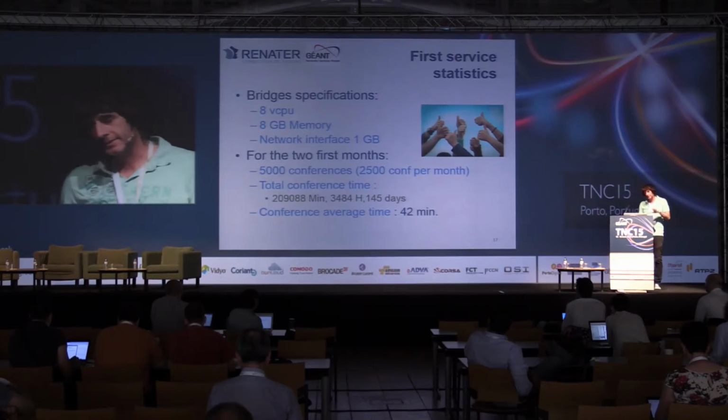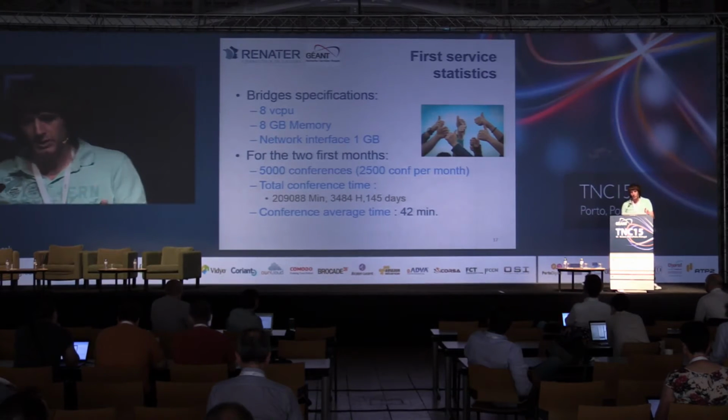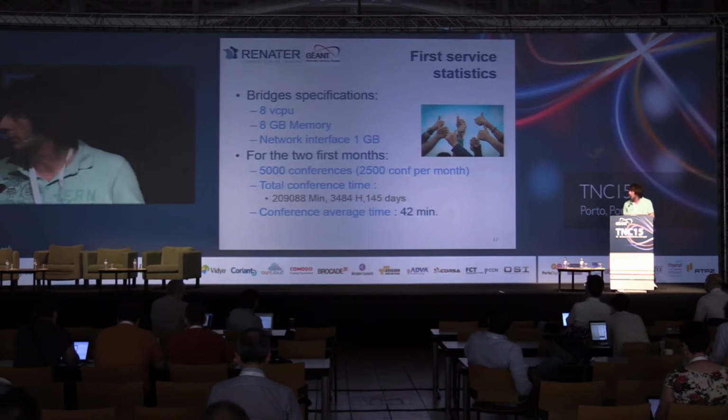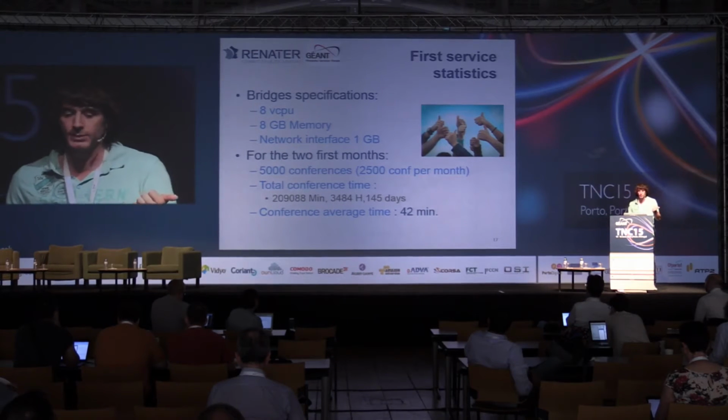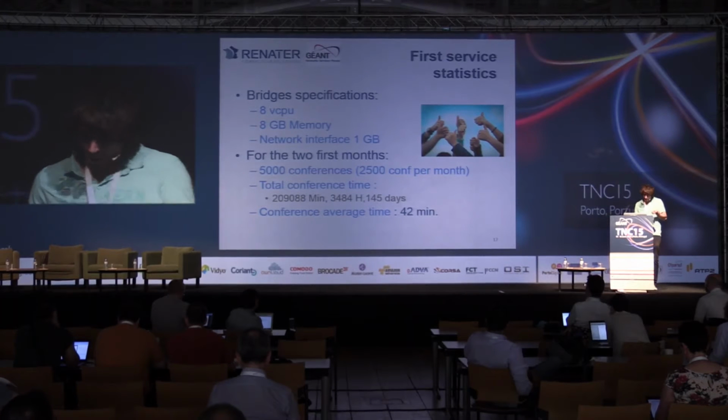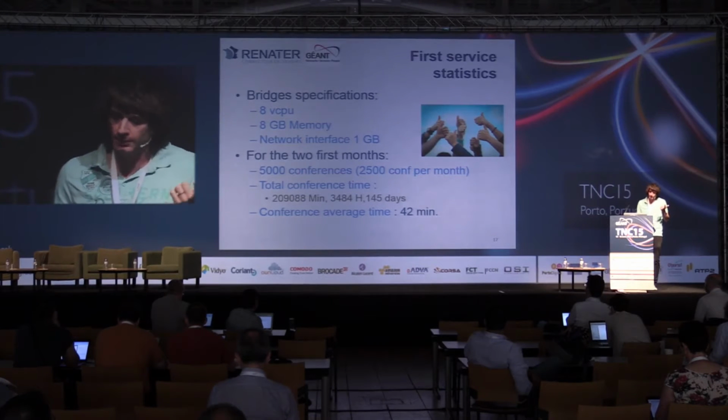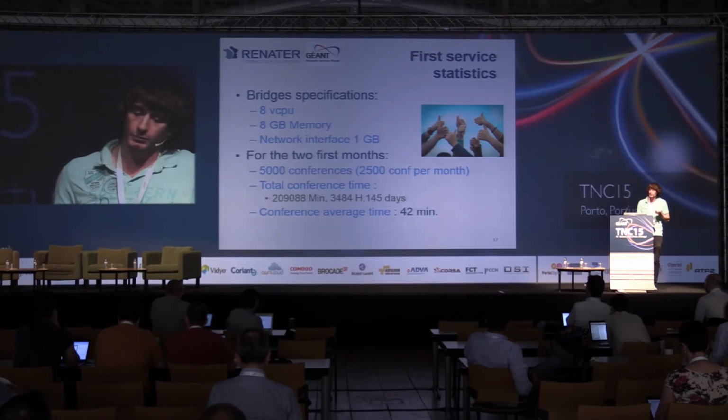To operate this service, each bridge is only an 8 vCPU configuration with 8 GB memory and a 1 Gb network interface. Of course, it is possible to use only 4 vCPUs. It works also.